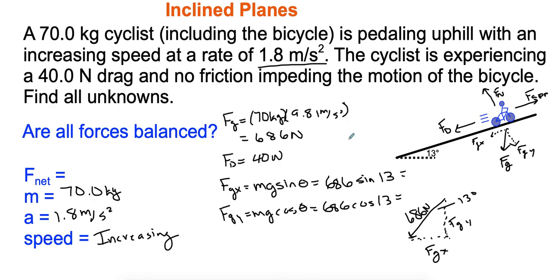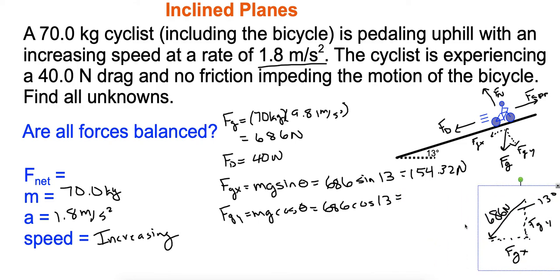So 686 sine 13 is 154.32 newtons, and I'm not really paying attention to significant figures here. I'm just kind of throwing it in there. I'd rather spend more time getting the problem done than worrying about sig figs for this one. Okay, and then we have 686 cosine 13, and that gives me 668.42 newtons.